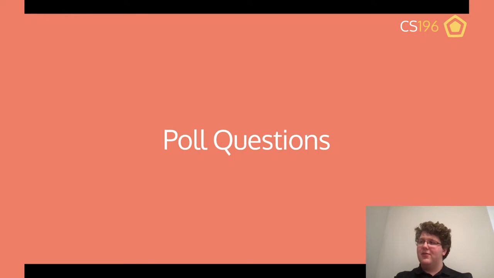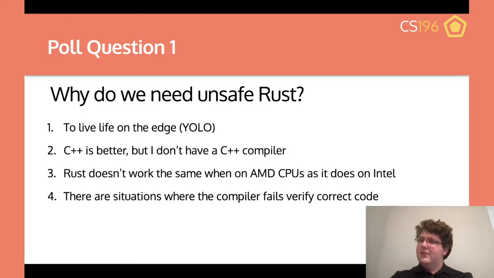So let's do our first set of poll questions. So I'm going to go over here. Okay, so our first poll question is live. Why do we need unsafe Rust? Give everyone another few seconds to respond.